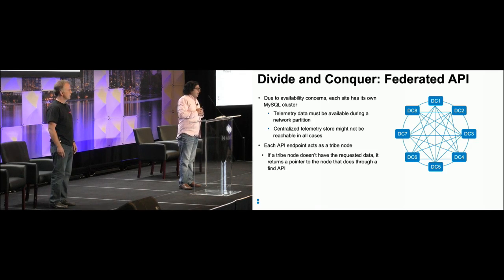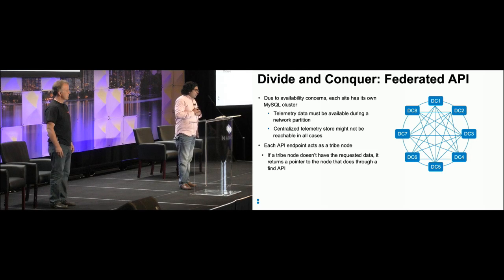These data centers collect data for all the network devices within the data center, but also collect data for nearby regional sites. At the same time, we don't want discovery of data to be problematic. So somebody using an API should not have to figure out where they can get this data.